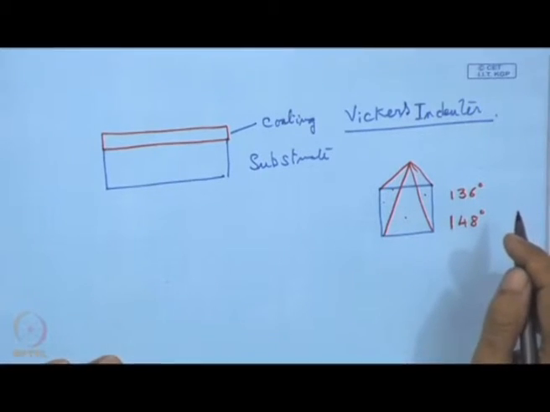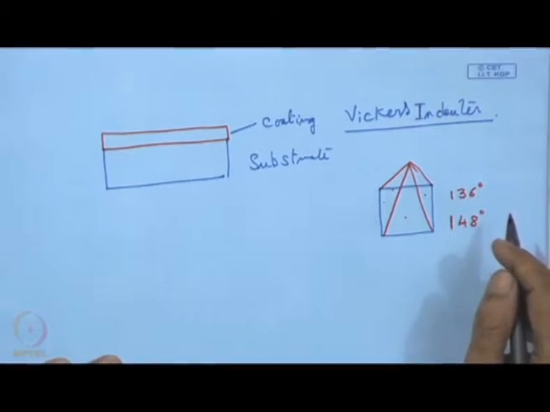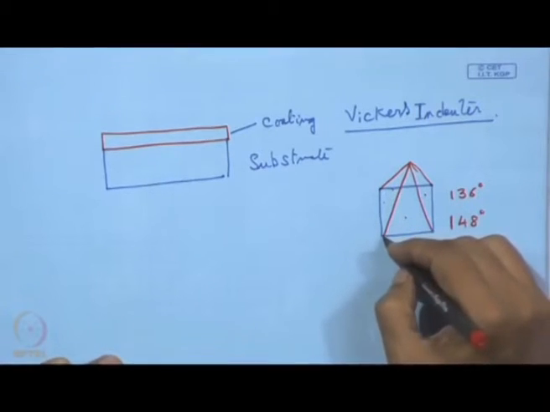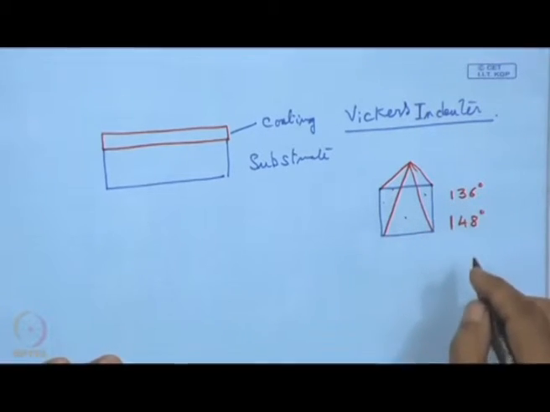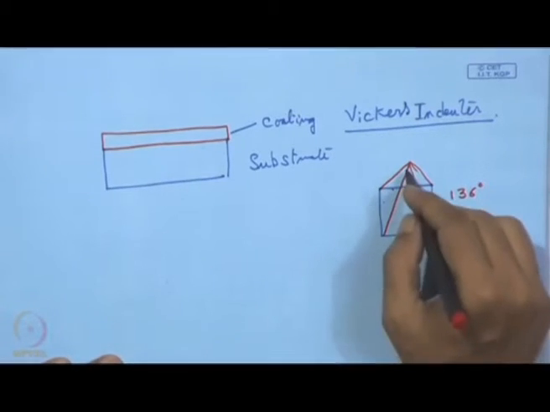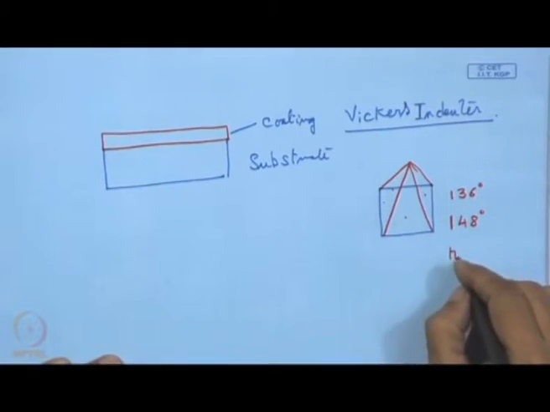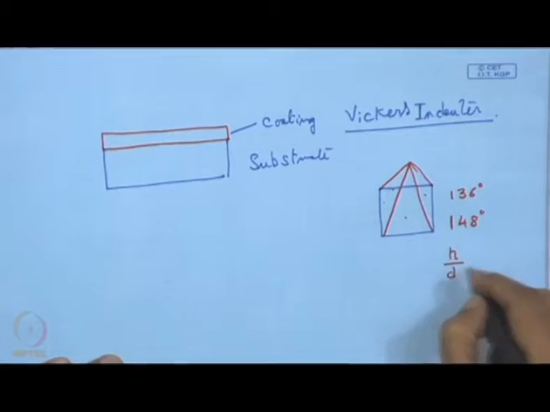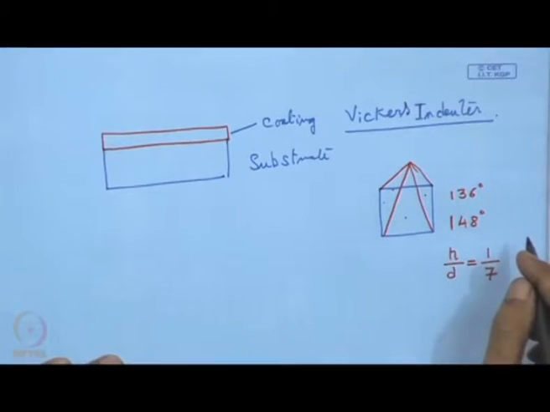So, these are the geometrical characteristics, and at the same time, if we consider this diagonal of this square base, then this indentation, that means h by d, H by d is going to be about 1/7.